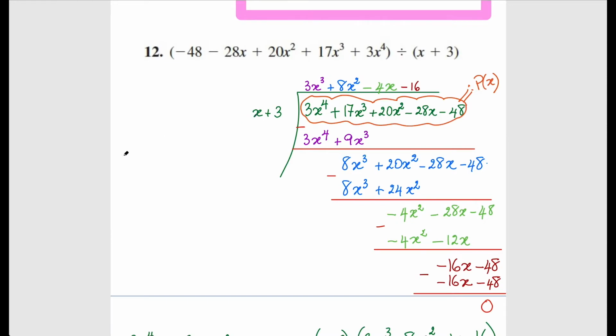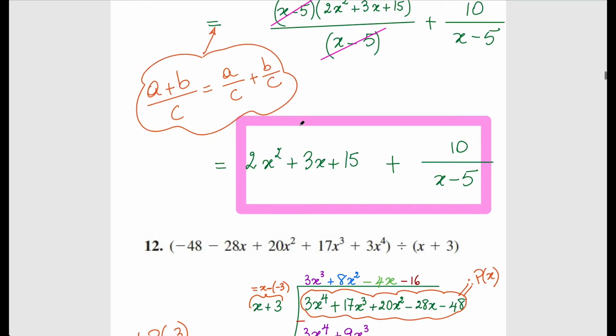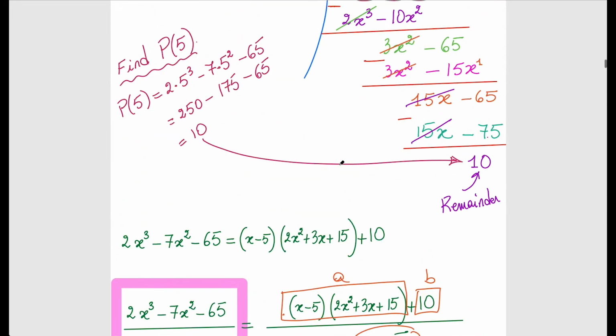And let's find p of negative 3. Technically, I'm thinking about x plus 3 as x minus the minus 3. So I'm evaluating p at this guy that comes after the minus, like I did before. Why? You're going to see why.